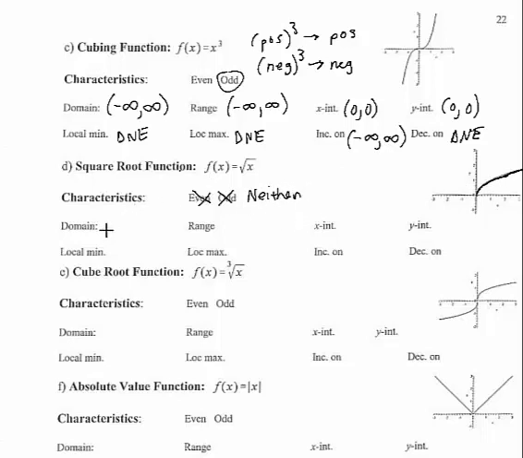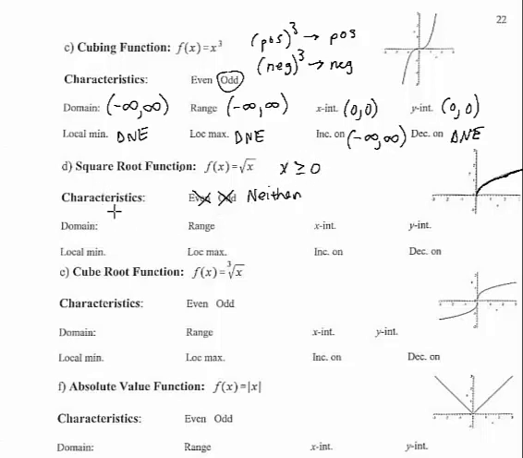What is the domain? Well, this is one of those special cases that we talked about concerning domain earlier. The two cases that we look for are a radical and when we have x in the denominator of a function. So in this case, we do not want x to be negative. We want it to be greater than or equal to 0.